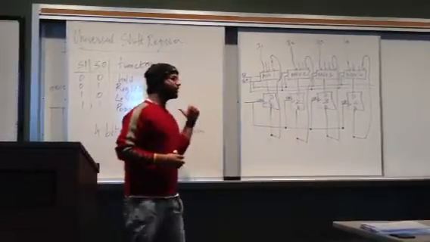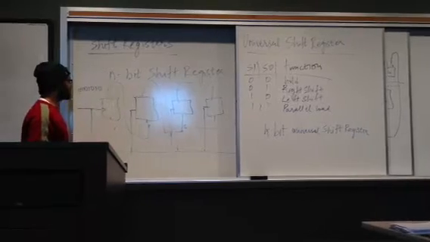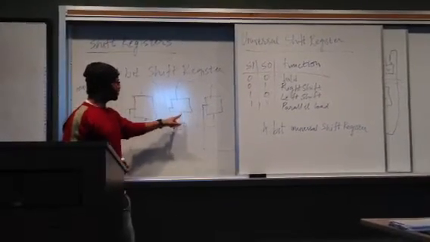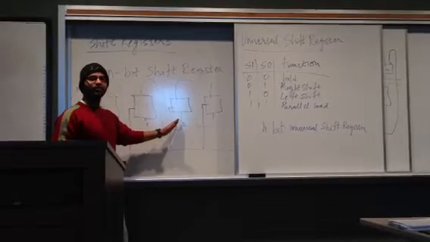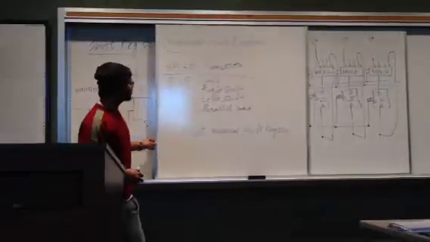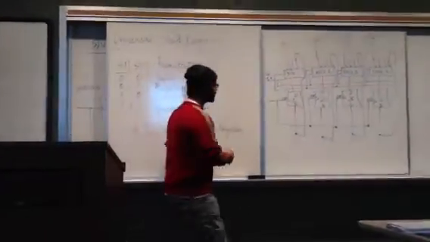Okay, what did I explain to you in this shifting process? The output of one flip-flop is connected to the next flip-flop's input, right? We're going to do the same thing over here, but obviously a right shift. So 0, 1 implies a right shift.